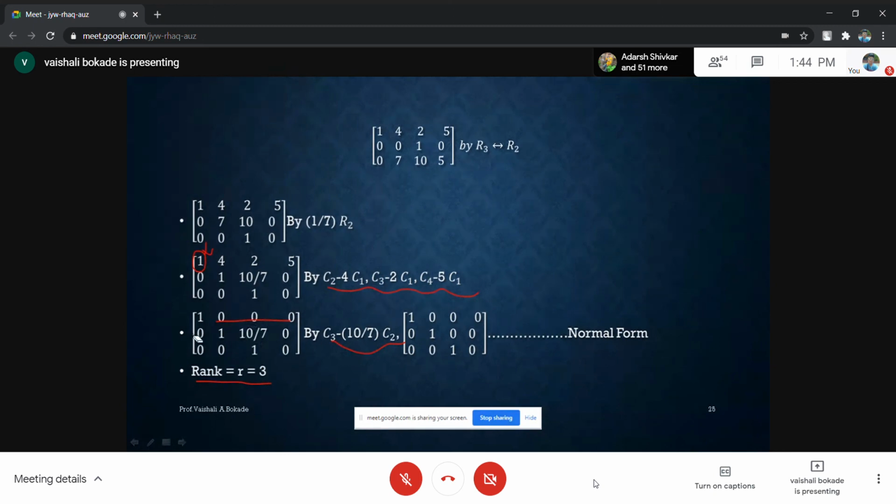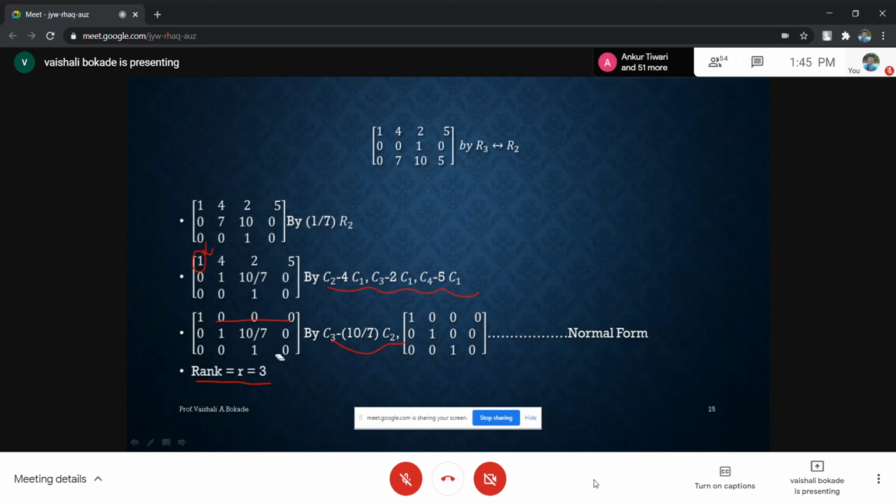I have the element 10 by 7 at the 2,3 place. I have to convert this entry to 0. It is in R2, so I use only C2. I use C3 minus 10 by 7 C2. So this entry becomes 0.